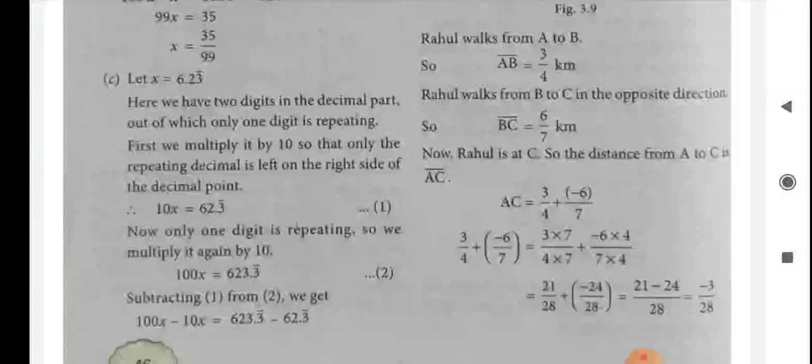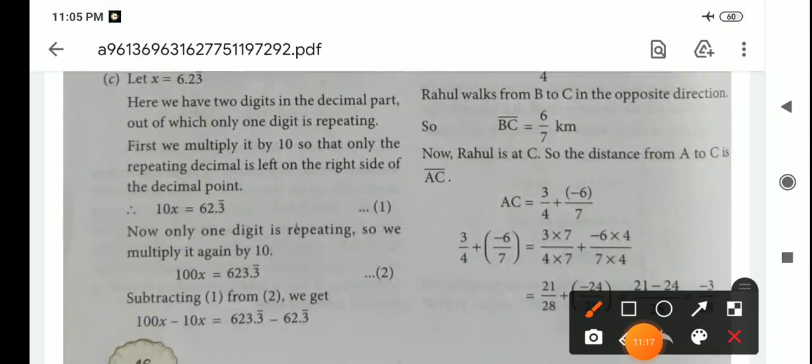Then here C part you see. Here we have 2 digits in the decimal part, out of which only 1 digit is repeating. So first what we do? First we multiply it by 10, so that only the repeating decimal is left. Okay, means if we multiply by 10, 10x equal to 62.3 bar we get, isn't it?